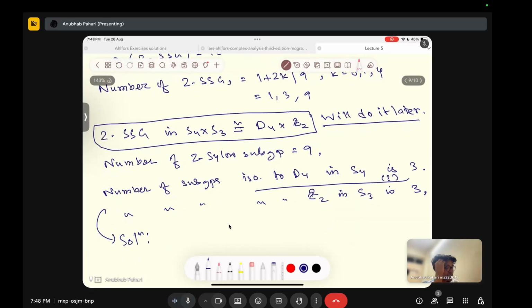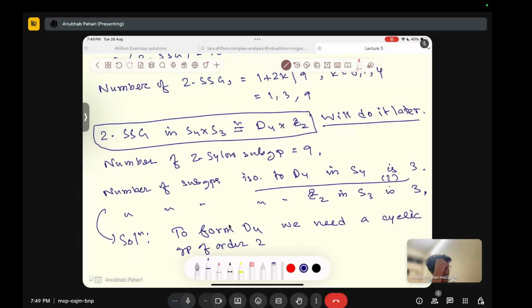But this thing, that the number of subgroups isomorphic to D4 in S4, is not that hard to show, because to form D4 we need a cyclic group of order 2 and a cyclic group of order 4, right?